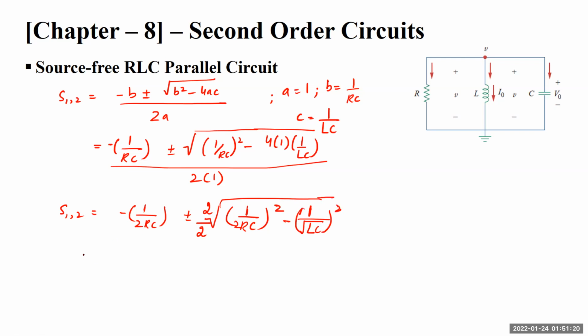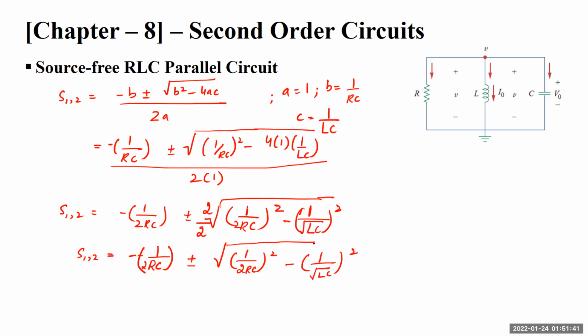So this thing simplifies to S1,2 is minus 1 by 2RC plus minus under root 1 by 2RC whole square minus 1 by root LC whole square. Okay, so this is what we are left with. With this, we can also simplify it.